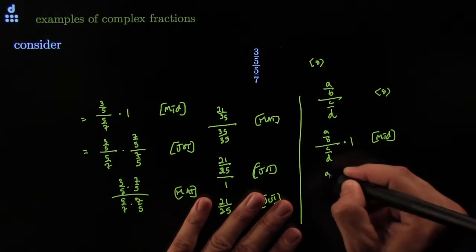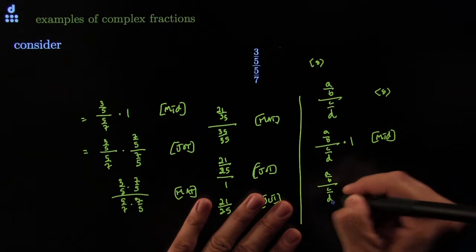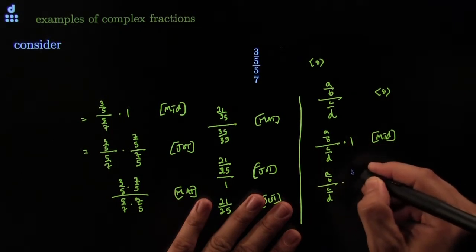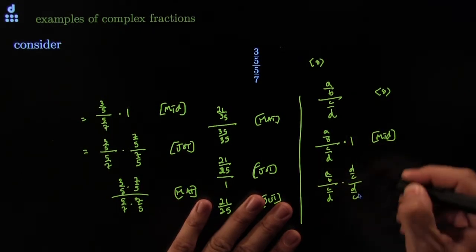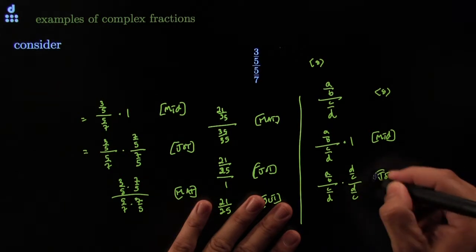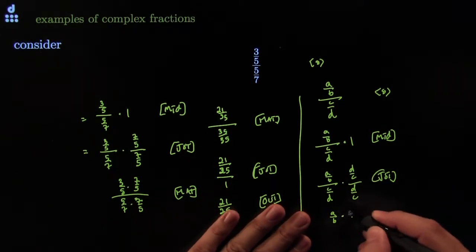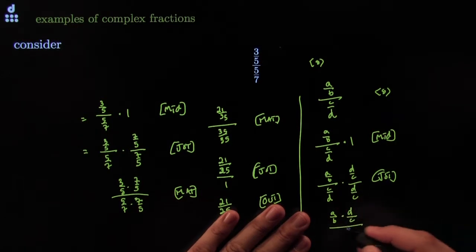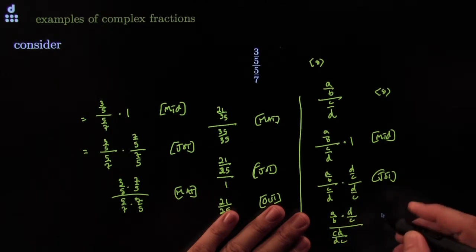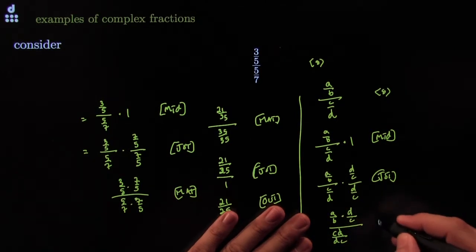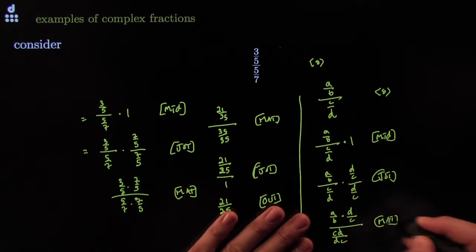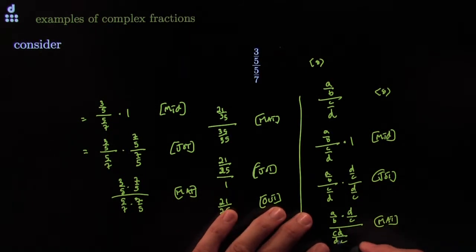And I could always rewrite the 1 in a clever way so that I could kill c over d. That would be d over c over d over c. That's by the just 1 theorem. Then I glue them together and I get a over b times d over c, all over c over d times d over c. That's by multiplying across a couple of times.